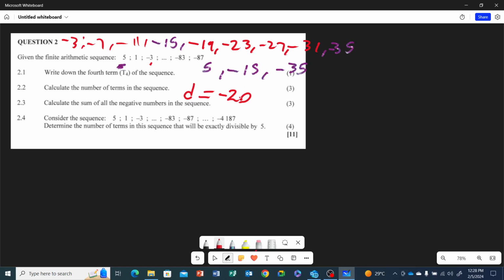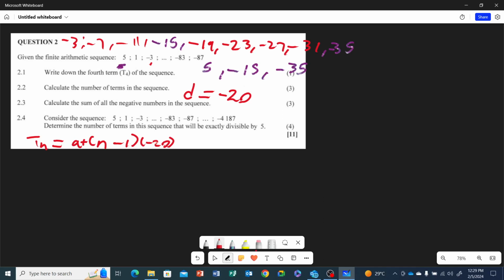All right, now that you know the difference, let us try to form a formula. Tn must equal A plus number of terms minus 1 into the difference of minus 20.